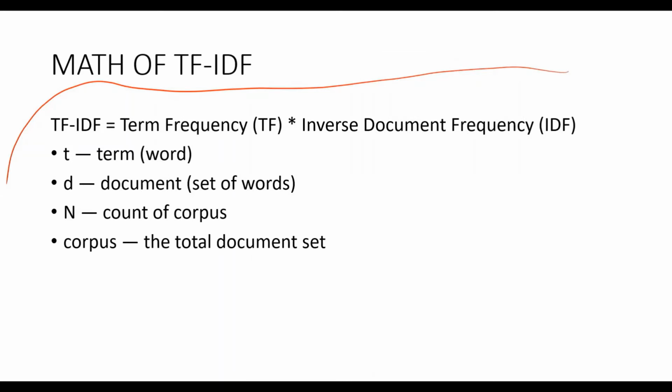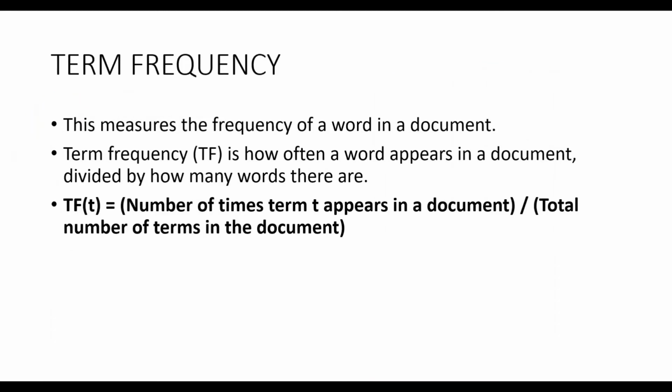This is the math. TF-IDF is equal to term frequency times inverse document frequency. T is the term word, D is the document, N is the count of the corpus, and the corpus is the total document set. I will tell you what term frequency is. Term frequency measures the frequency of a word in a document.